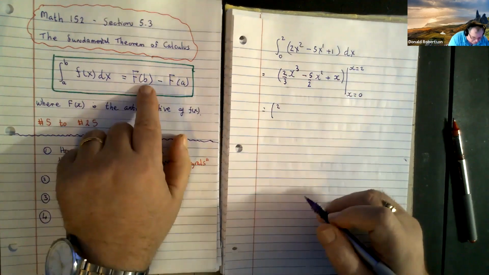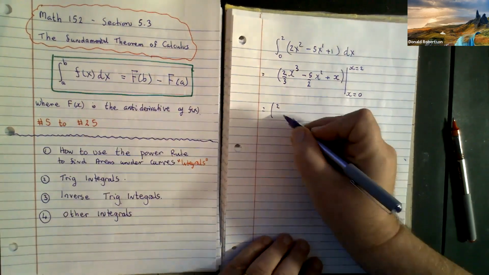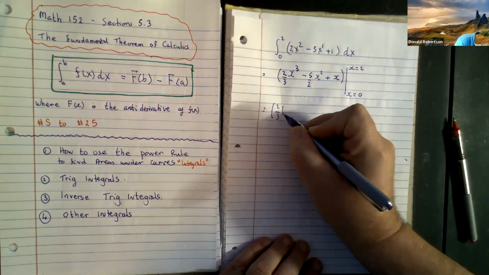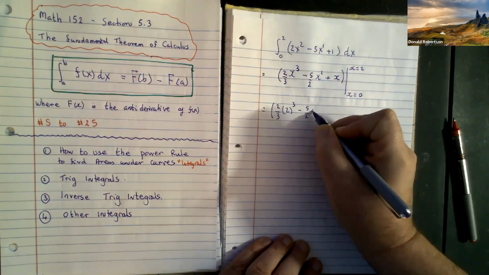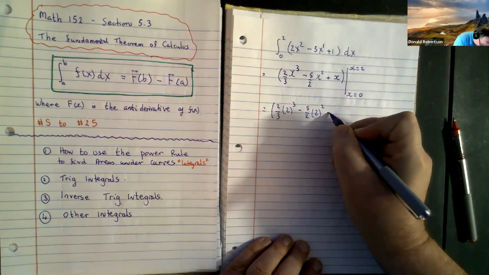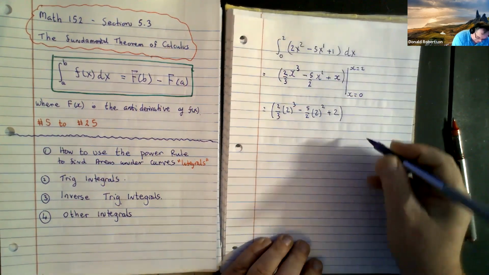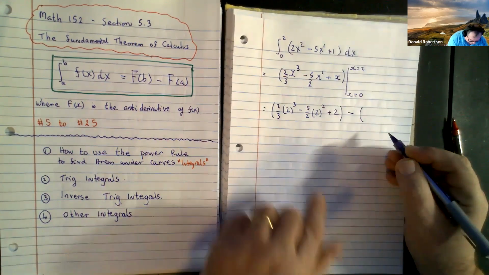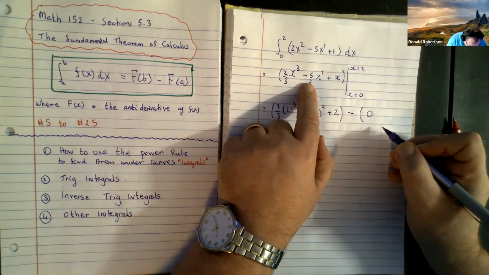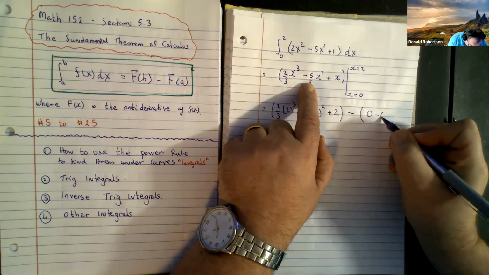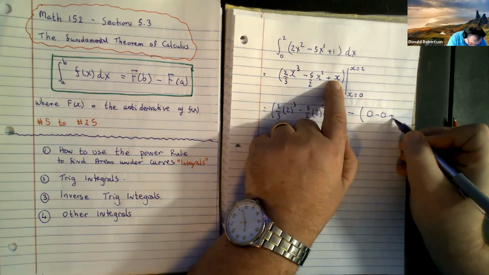So it's going to be 2/3 times 2 cubed, take away 5/2 times 2 squared, add 2, subtract 2/3 times nothing cubed is nothing, 5/2 times nothing squared is nothing, and add nothing is nothing.